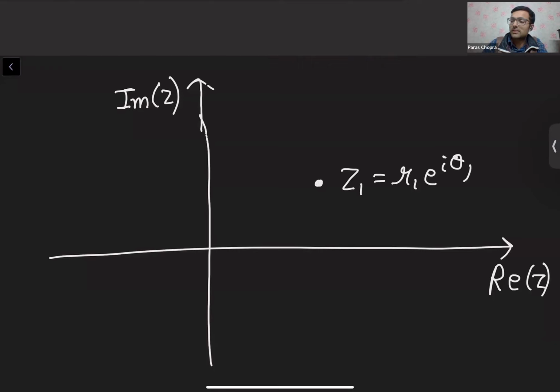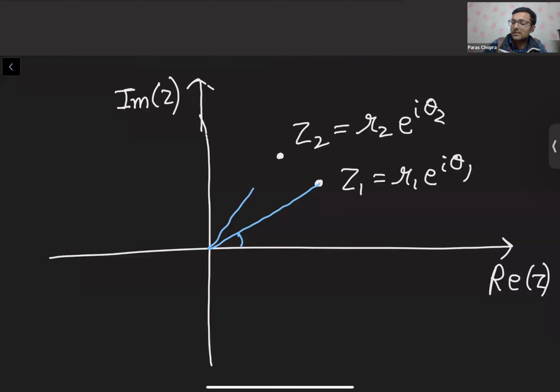So that means this distance is R1 and this angle is theta 1. Now let's take another complex number z2, which is equal to R2 times e to the power I theta 2. So इसका मतलब this distance is R2 and this angle is theta 2.